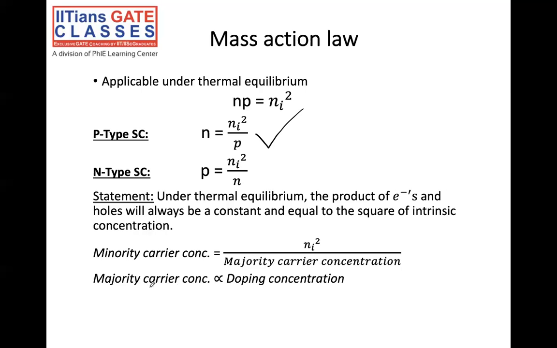Now majority carrier concentration is directly dependent on the doping concentration, because when we increase the doping, majority carriers increase. So from this, we can say the minority carrier concentration is inversely proportional to the doping concentration. This we should remember.